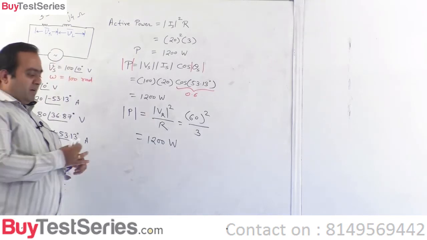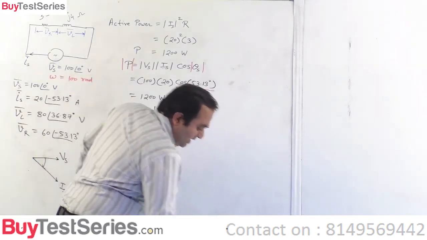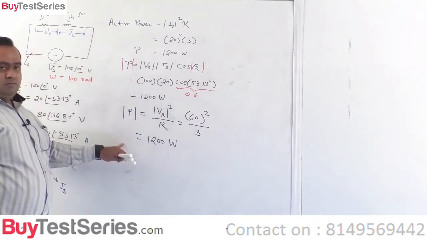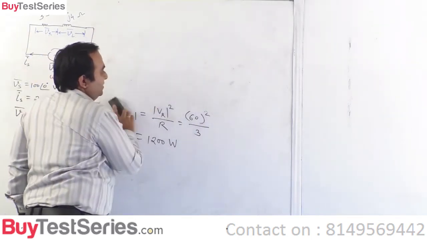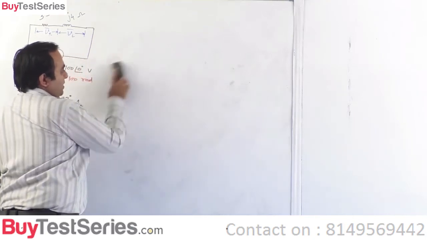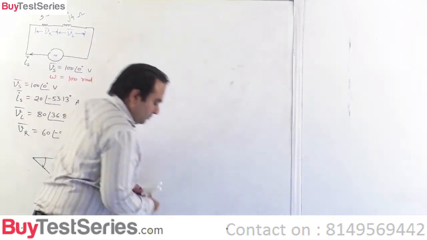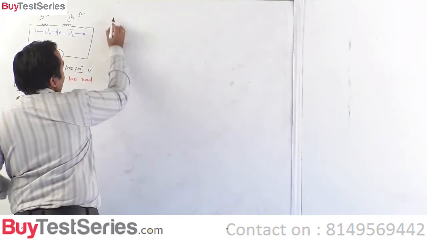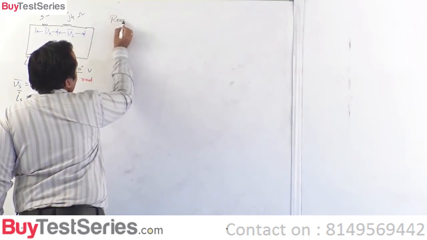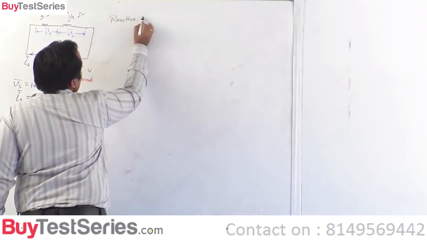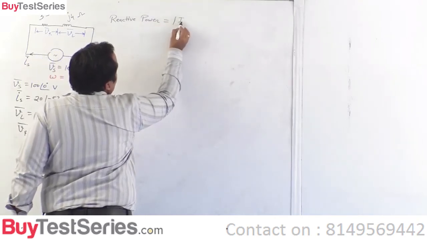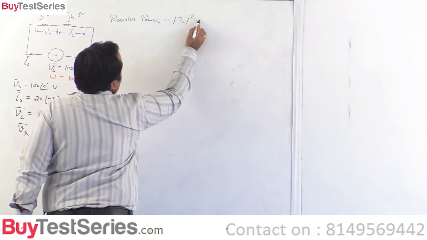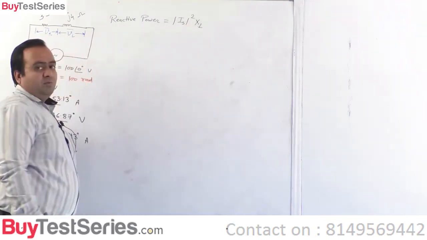So how are the reactive power calculations done? Active power is calculated like this, right? How is the reactive power calculated? Again, it's very easy. The reactive power, which is represented generally by Q, is I square XL in magnitude.